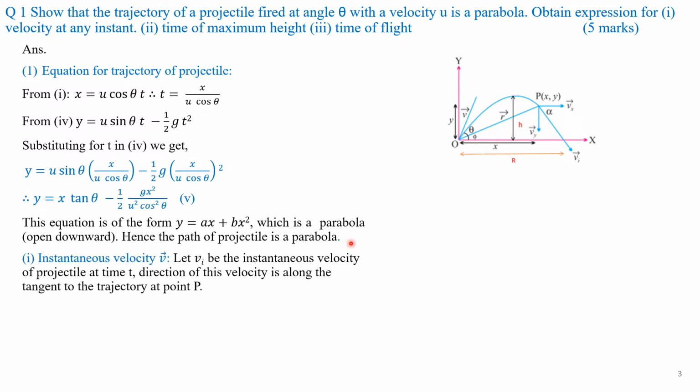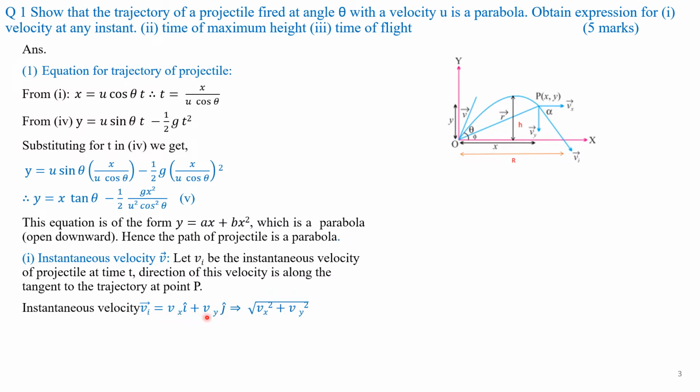Next, we will write the expression for instantaneous velocity vector v. Let v be the instantaneous velocity of projectile at time t. Direction of this velocity is along the tangent to the trajectory at point P. So if at point P you draw a tangent, then velocity is along the tangent to this trajectory at point P. Therefore, instantaneous velocity vector v is equal to vx i plus vy j.